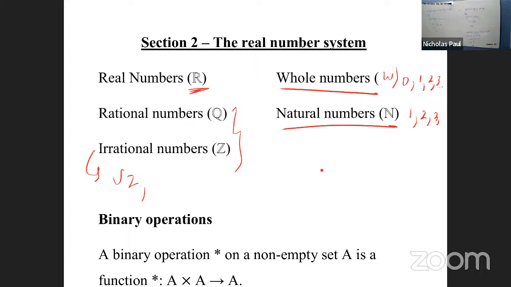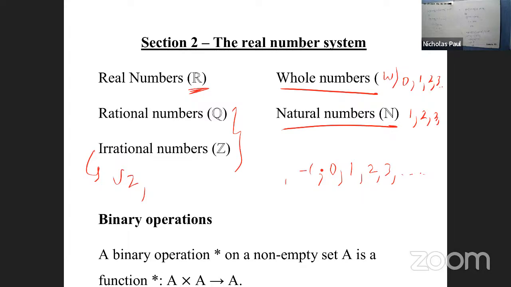One more missing. We have whole, we have natural, after that is what? Negative values missing, right?